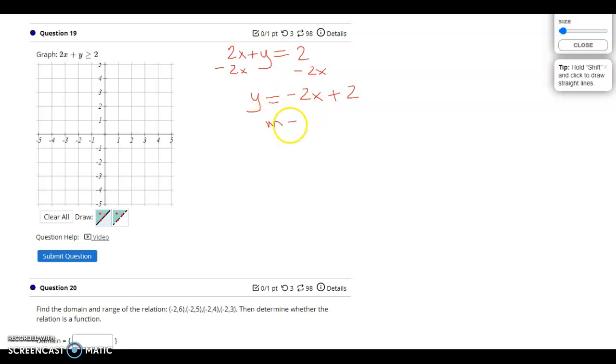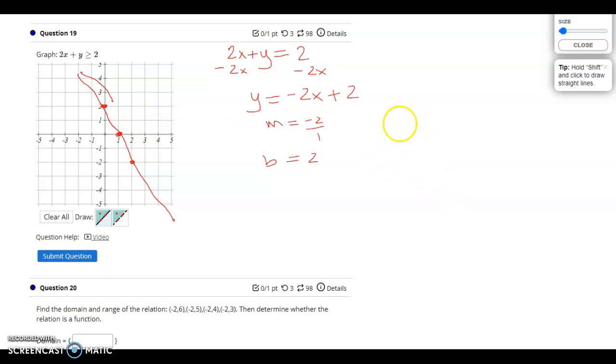So my slope is -2, or -2 over 1. My y-intercept is 2. So I'll graph that y-intercept first, use my slope to find other points, so down 2 over 1, down 2 over 1. It is equal to, and so that tells me it's going to be a solid line, not a dotted line.